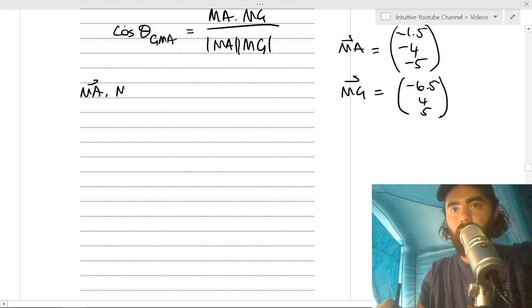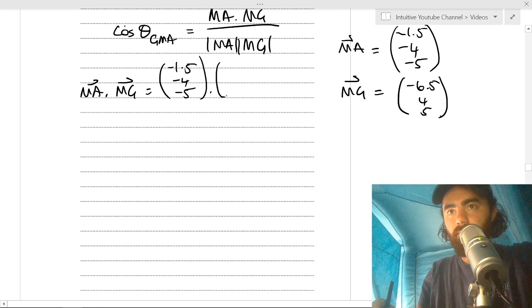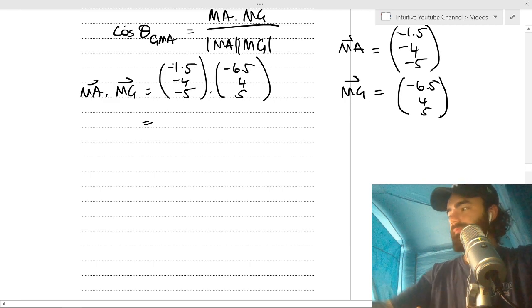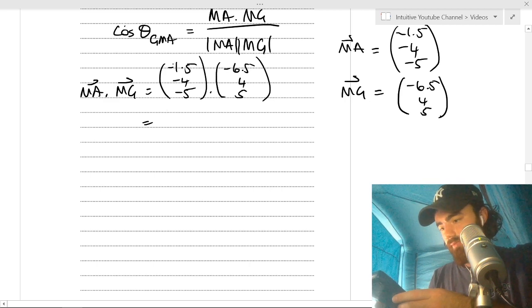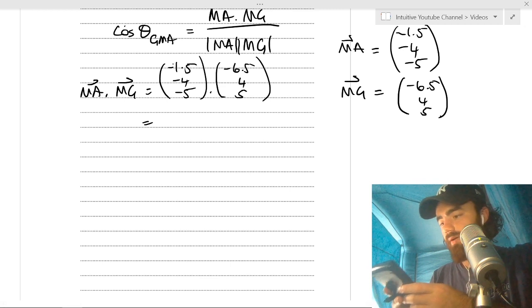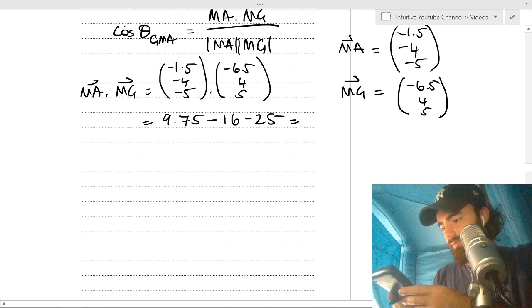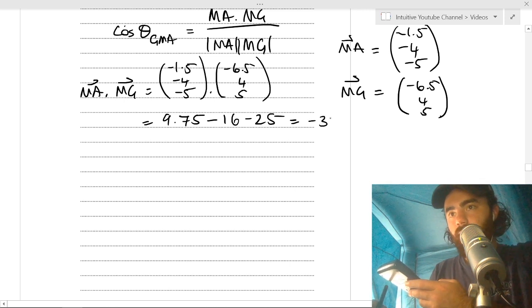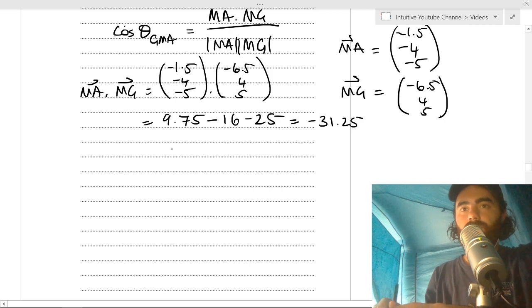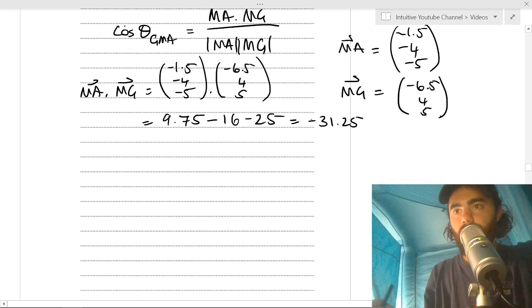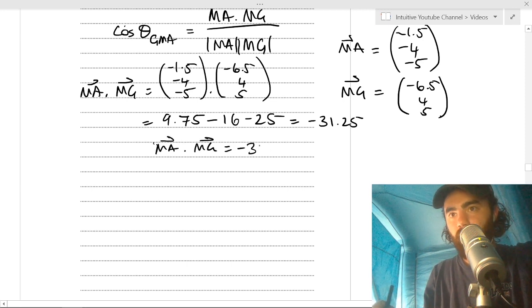MA dotted with MG equals minus 1.5 times minus 6.5, 9.75, minus 16, minus 25, which equals negative 31.25.